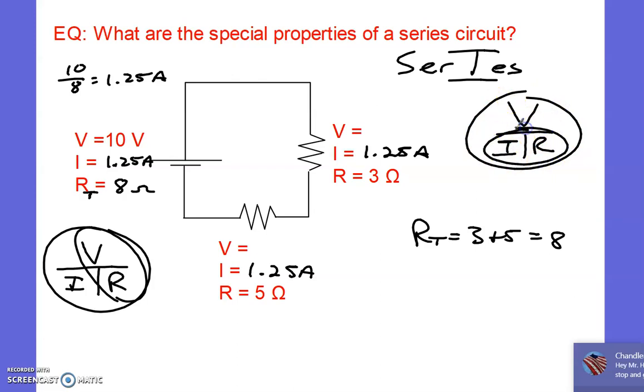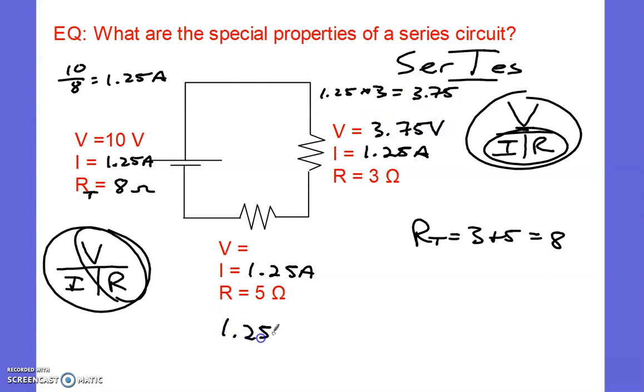We're going to multiply the I and the R together. This gives us 3.75 for the first resistor. And for the second resistor, this gives us 6.25.